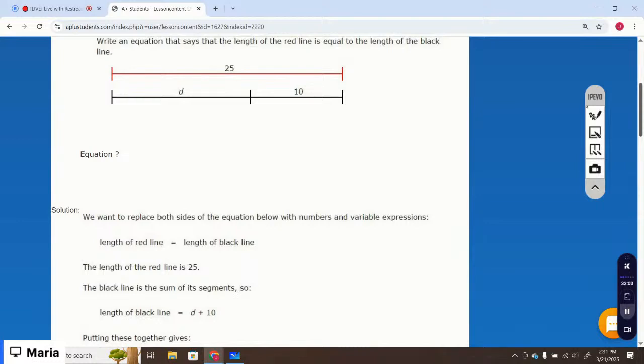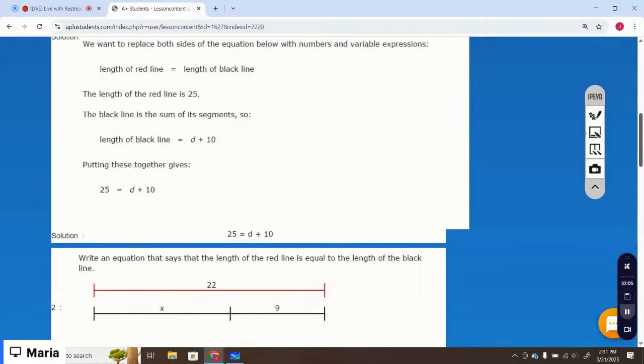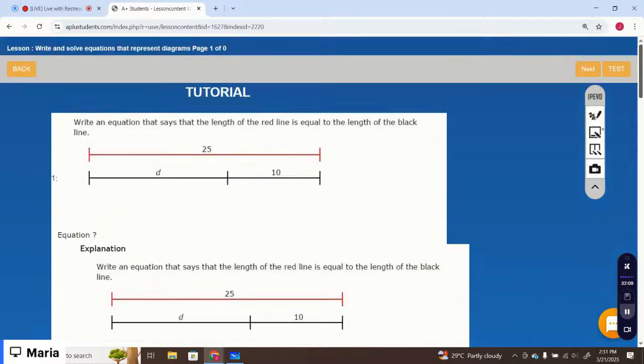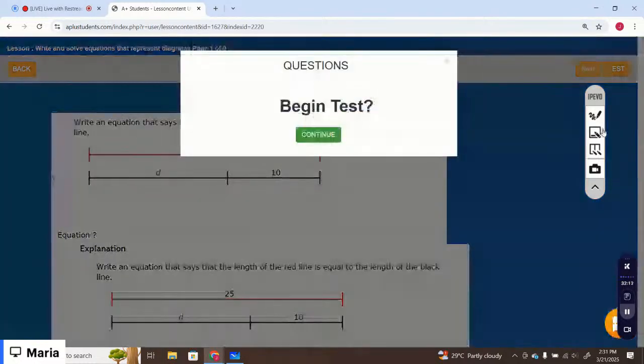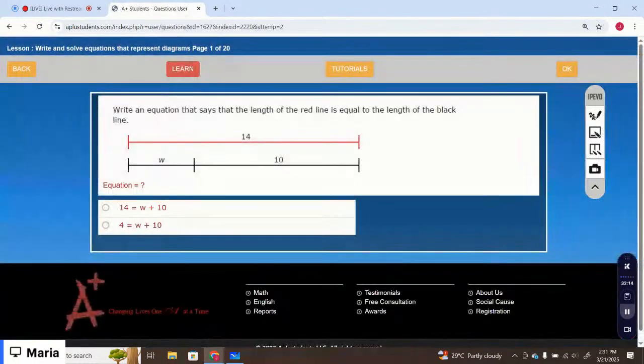D plus 10 equals 25, because the red line and black line are exactly equal. Let's just start with the test questions. Write an equation that says the length of the red line is equal to the length of the black line. The length of the red line equals 14 and the length of the black line is W plus 10.